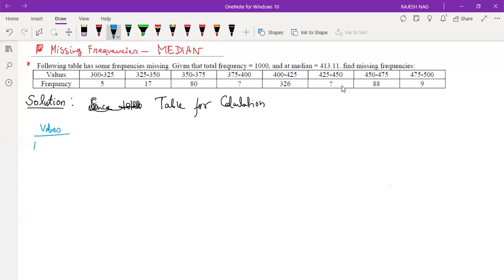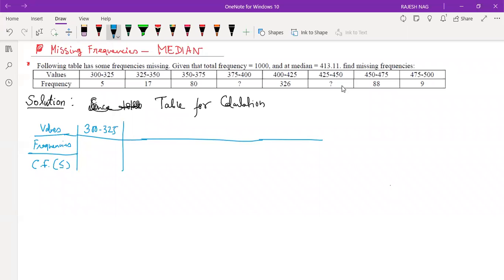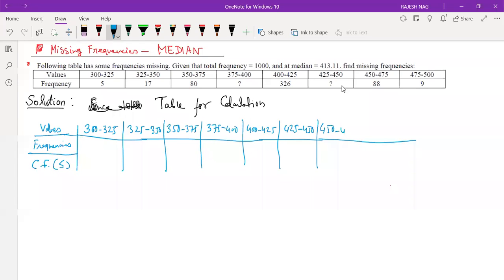Values, frequencies, CF, less than type. So the classes are 300 to 325, 325 to 350, 350 to 375, 375 to 400, 400 to 425, 425 to 450, 450 to 475, 475 to 500.